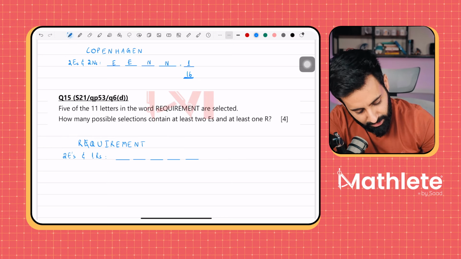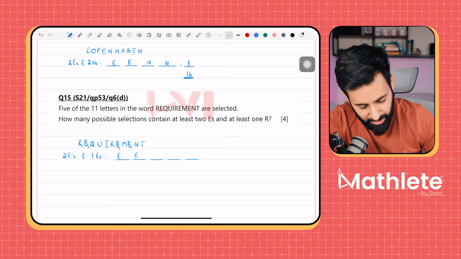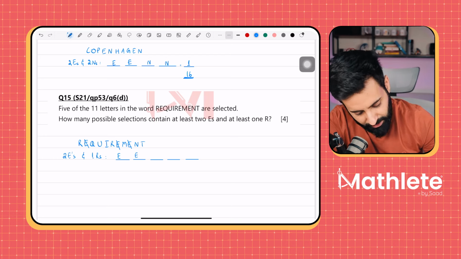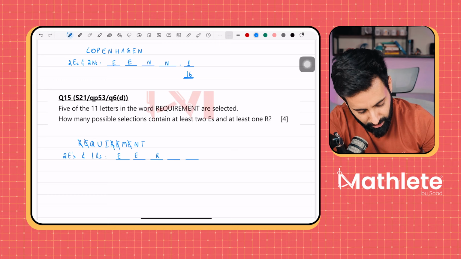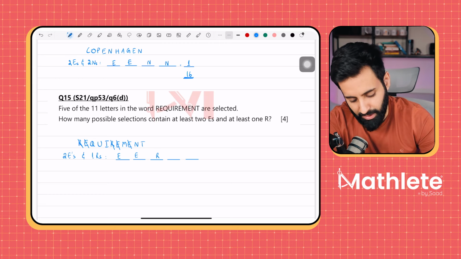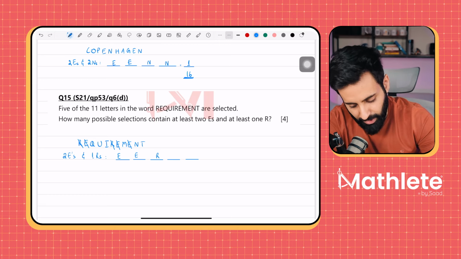Now first let's cross out the 2 E's, and we want to cross out the third E also, because we want to make sure that we just select 2 E's and 1 R. So let's cross out the R that we have selected, and let's cross out the other R also so that we don't end up selecting it again. Now what are we left with?